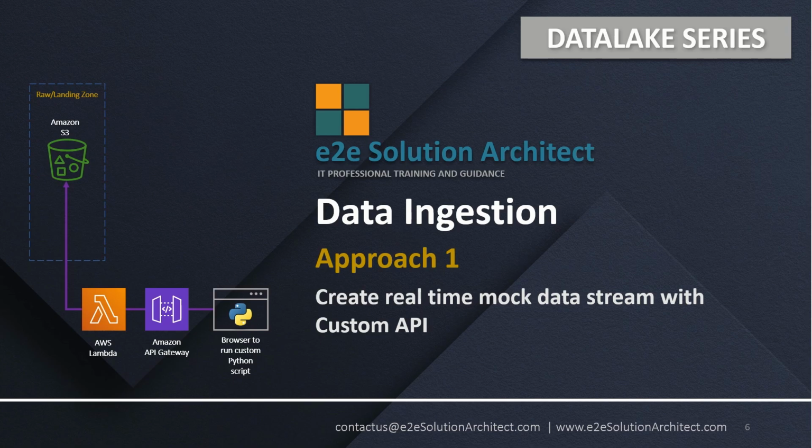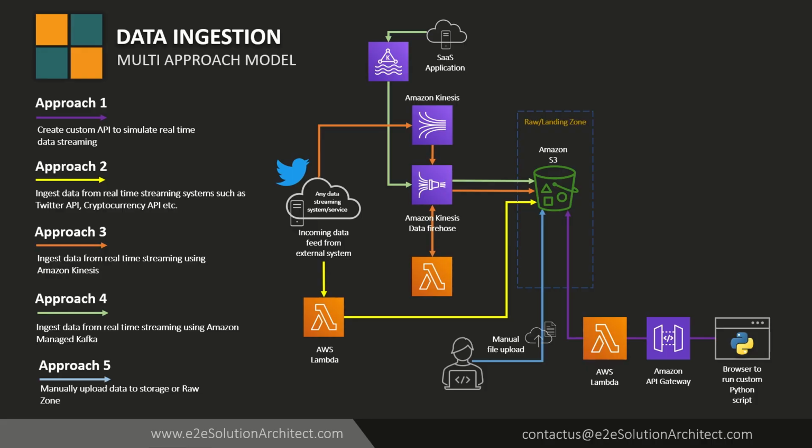For that we created a service role for Lambda as well. Next we created an Amazon API Gateway which will trigger the Lambda function, and ultimately a Python code to invoke that Amazon API Gateway. So it was our approach 1 out of 5 approaches for data ingestion.